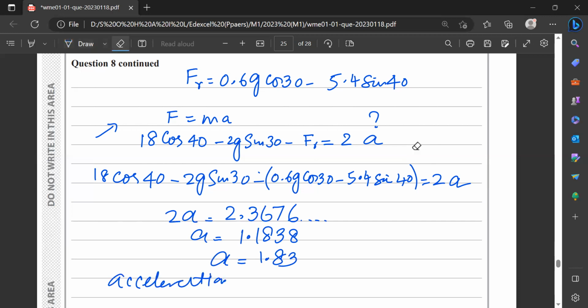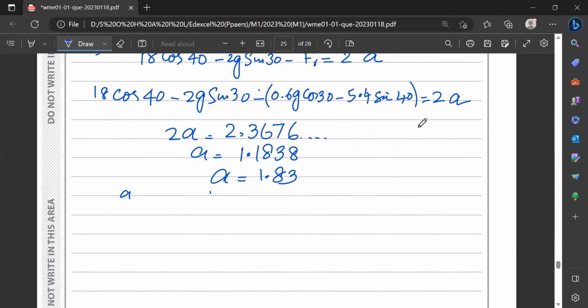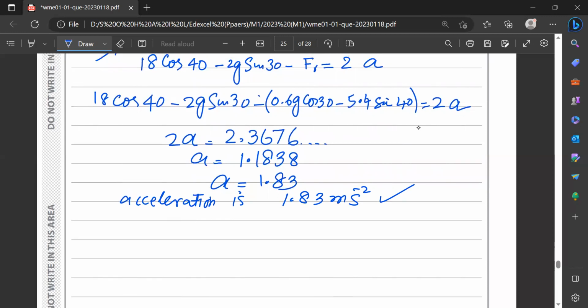Acceleration is 1.18 meters per second square, or you can write it to two decimal places. This is the answer to part 1.